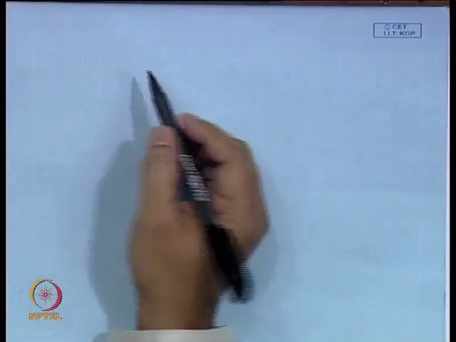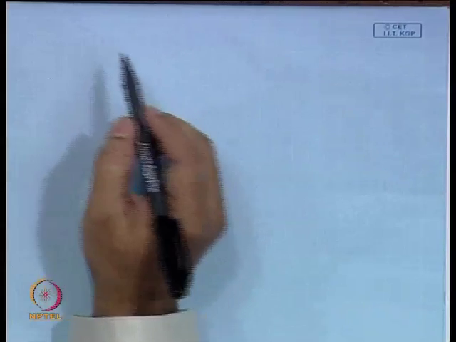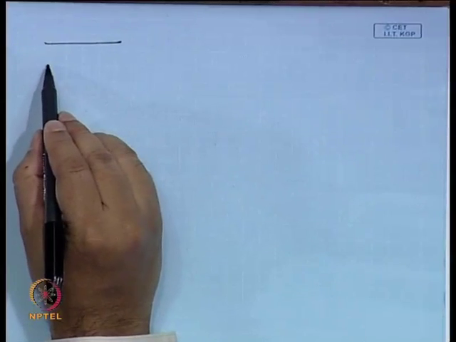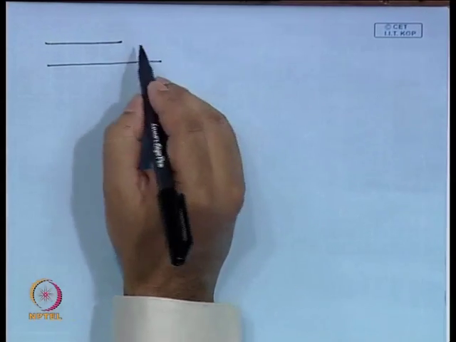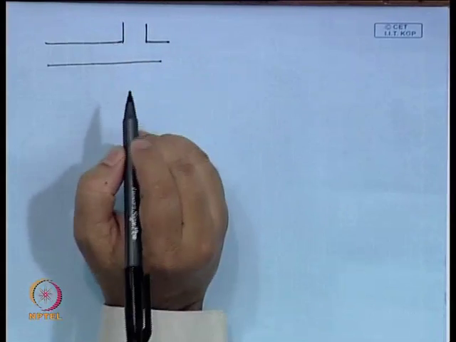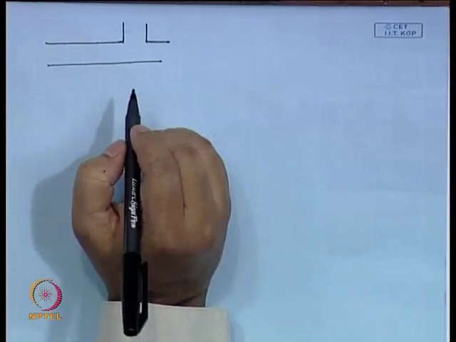Now, when I go to the literature, what I find is that a common way of forming a droplet would be something like this. You have a T joint.